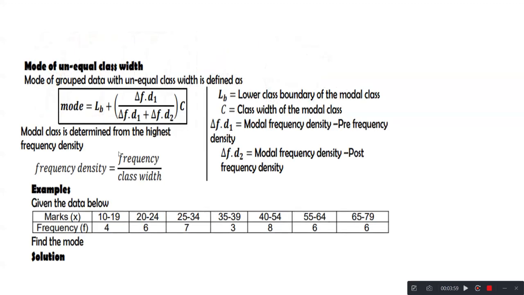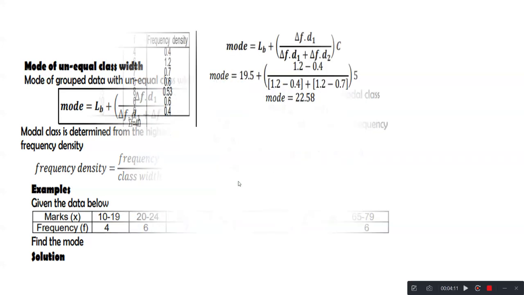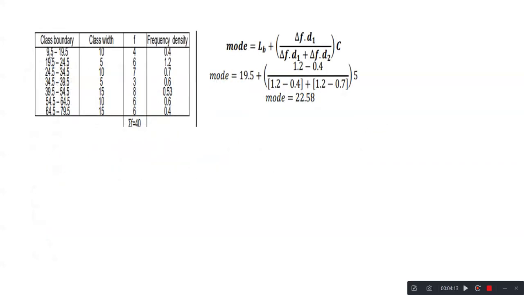For these class boundaries, you always subtract 0.5 from the lower class limit and add 0.5 to the upper class limit. So 10 minus 0.5 gives 9.5, then 19 plus 0.5 becomes 19.5. You do the same for the rest. 20 minus 0.5 gives 19.5, then 24 plus 0.5 gives 24.5.